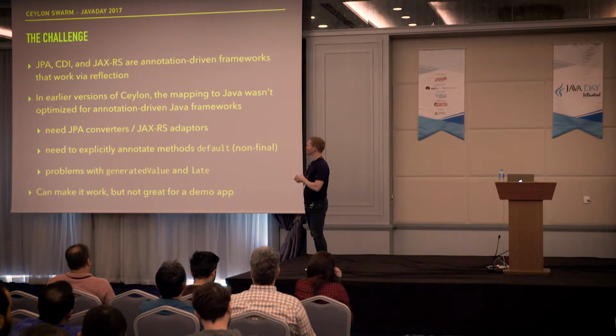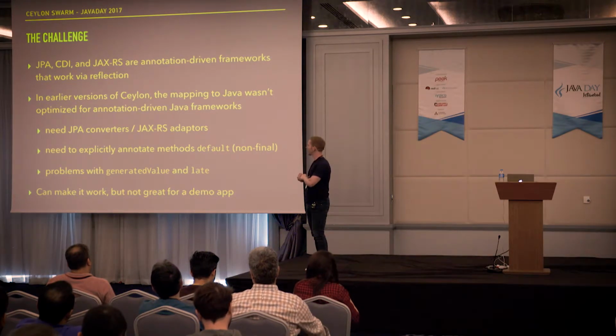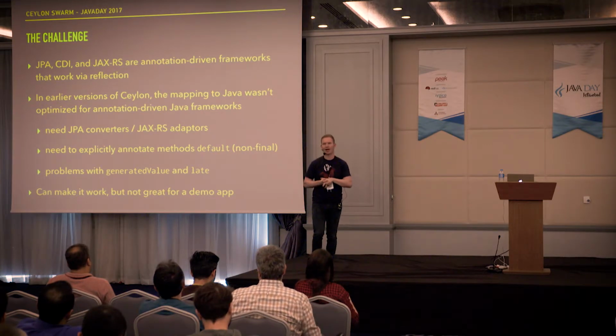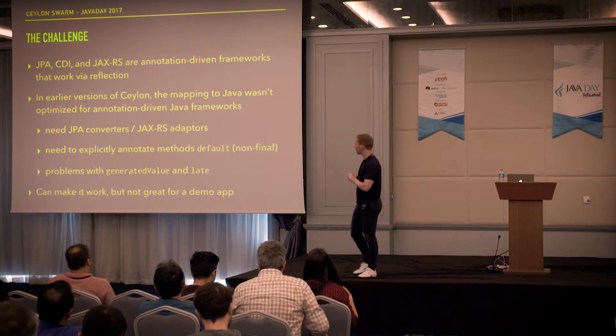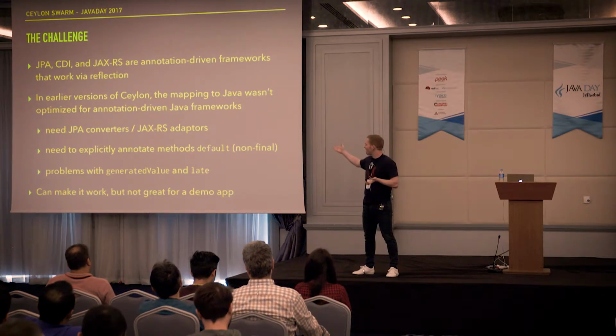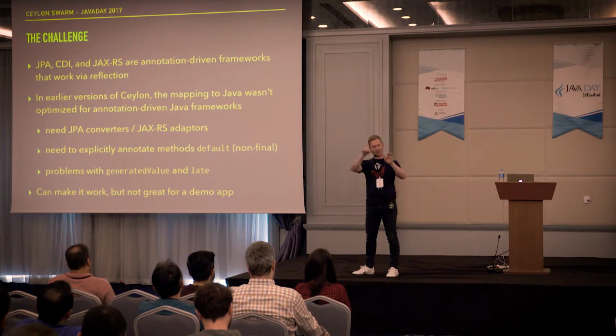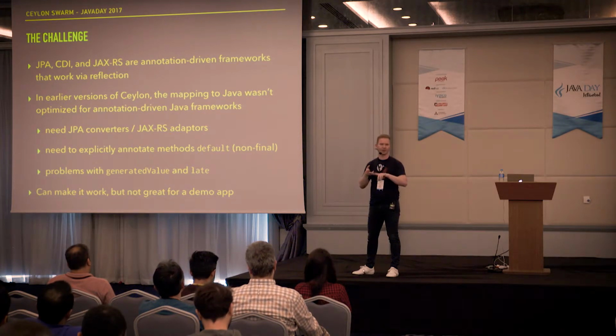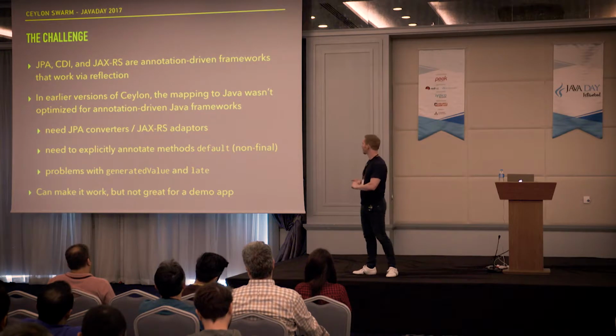Unfortunately, when we came to look at things like JPA and JAX-RS, we found that a couple of things didn't quite work out. You needed, for example, to define JPA converters or JAX-RS adapters to map some of the primitive types like string, float, double.